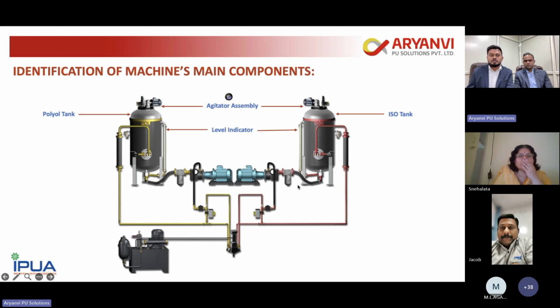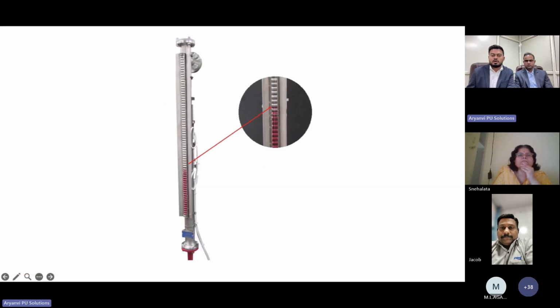The level indicator is also very important, and we recommend a magnetic level indicator, because in many machines you can see a tube type level indicator. Over a period of time, say 1 year, 1.5 years or 2 years, the level is no longer visible properly.